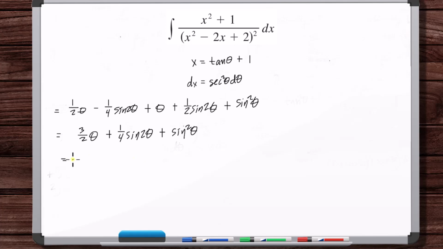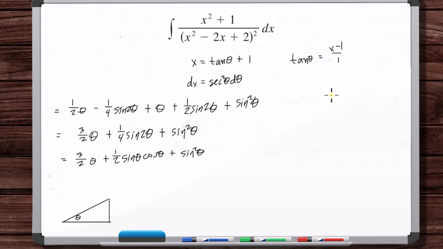Now sine 2 theta is 2 sine theta cosine theta. There we go. Now, tangent theta is equal to x minus 1 divided by 1. Tangent theta is opposite over adjacent.